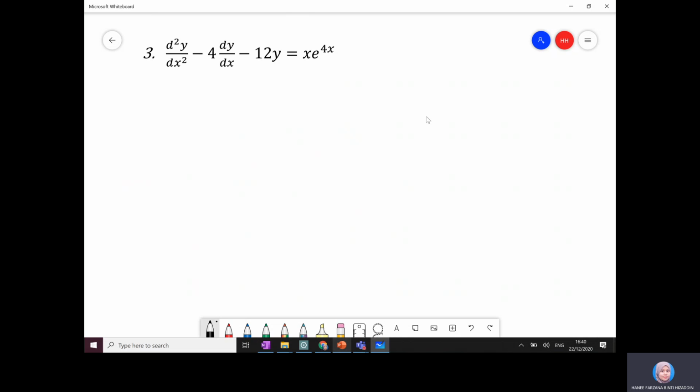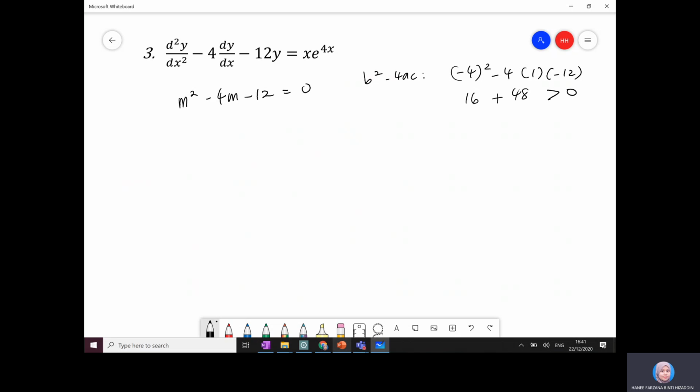Okay, so write down the characteristic equation, m squared minus 4m minus 12 equals 0. You want to check the b squared minus 4ac? Negative 4 squared minus 4 times 1 times negative 12. 16 plus 48, yeah, it's greater than 0.